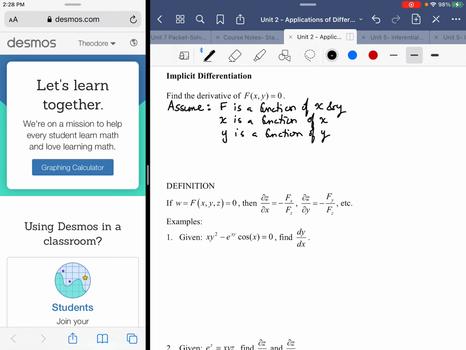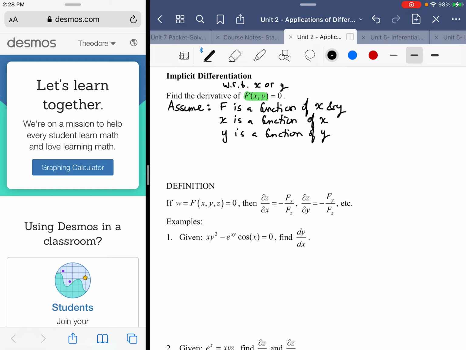All right, so when I go to take the derivative of this, it depends on what I'm taking it with respect to. We have a couple of different possibilities. The first thing I can do is take the derivative with respect to x, or I could do it with respect to y.